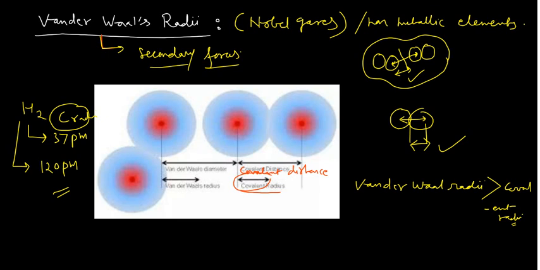Now we'll see the factors affecting the covalent radii. There is not much importance in describing the periodic variation of van der Waals radii, but of course we will discuss the factors affecting covalent radii, okay.